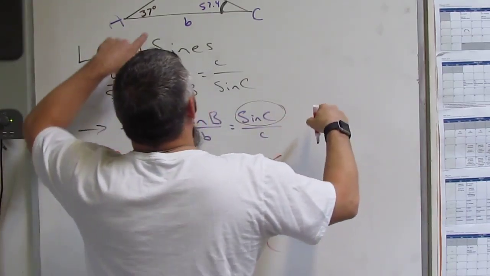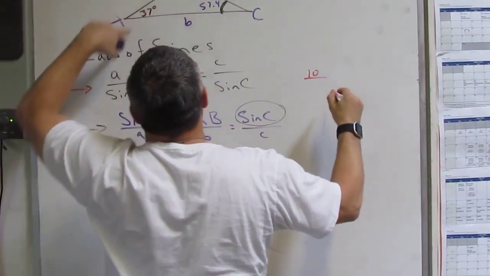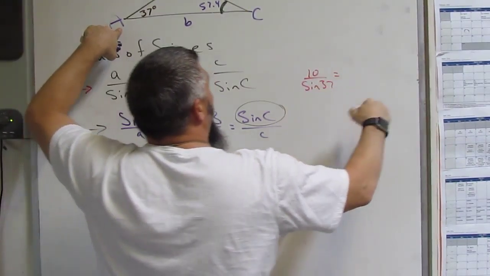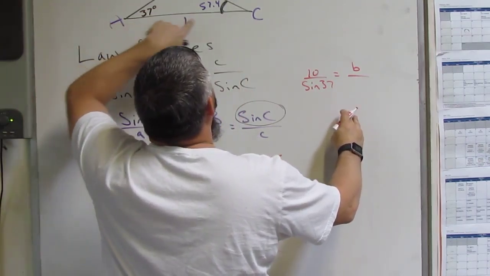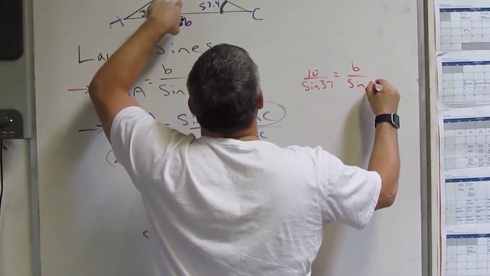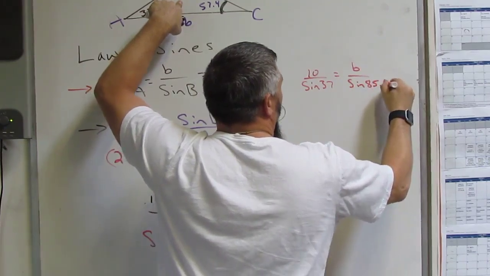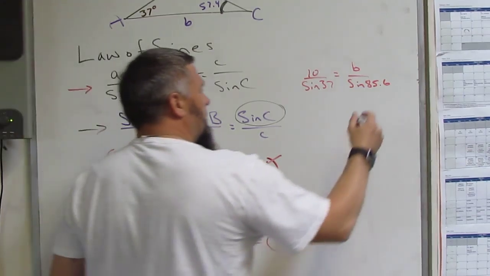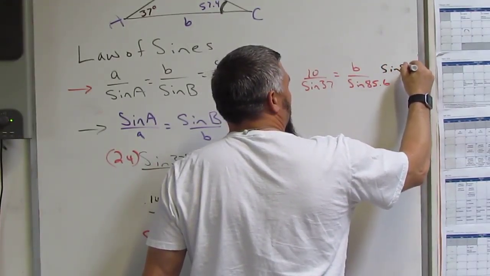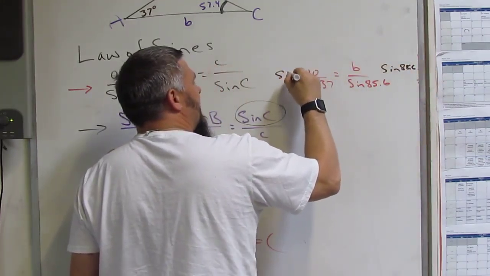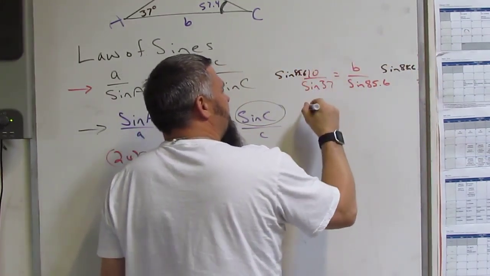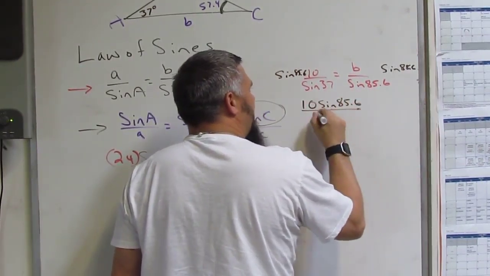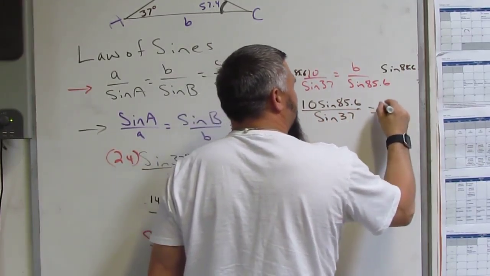So now I'm going to do A over sine A is equal to B over the sine of B, right? And then how do I solve for that? Multiply by the sine of 85.6. So I got 10 sine 85.6 divided by the sine of 37 is equal to B.